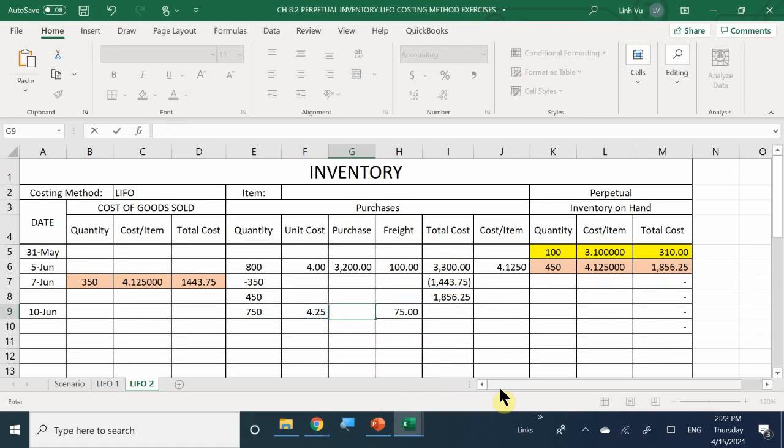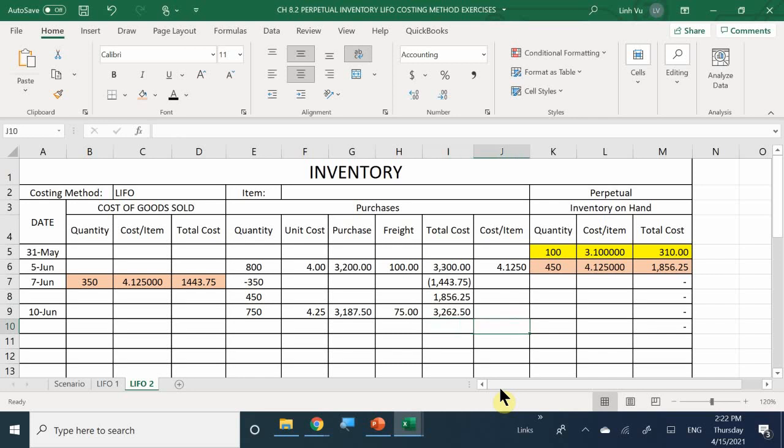Okay, so 3262.50, and you divided it to get $4.35. So this I know for sure is an even number because if you pull forward, there's a bunch of zeros afterwards.